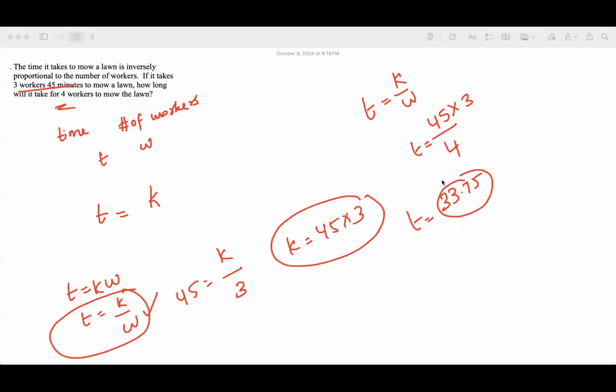See, the two quantities that you compare, one should be in the numerator, one should be in the denominator. 3 and 45 are the values you have. So if one is in the numerator, the other one should be in the denominator. Oh, okay. Can I go ahead?